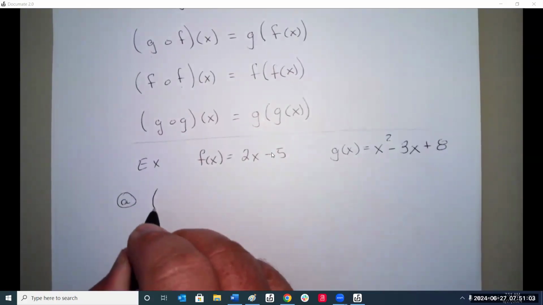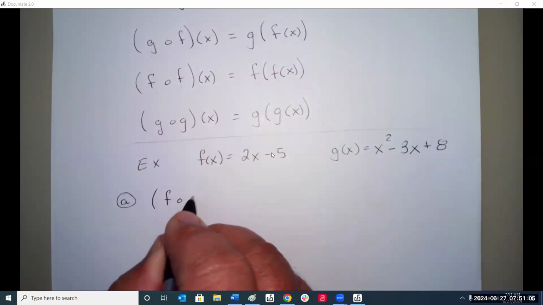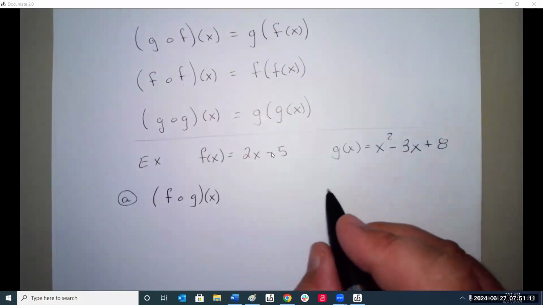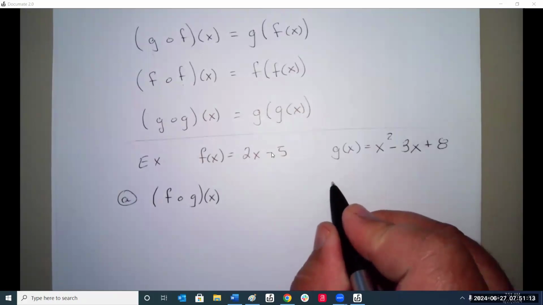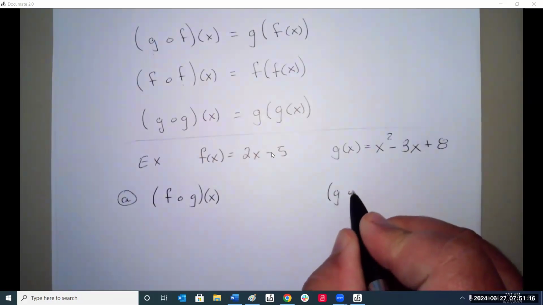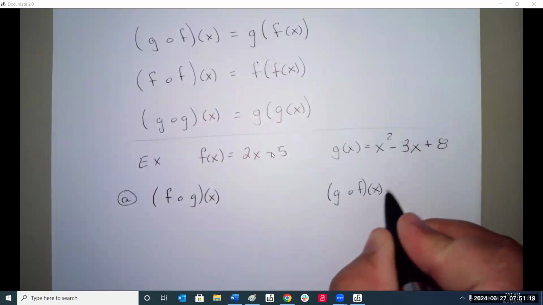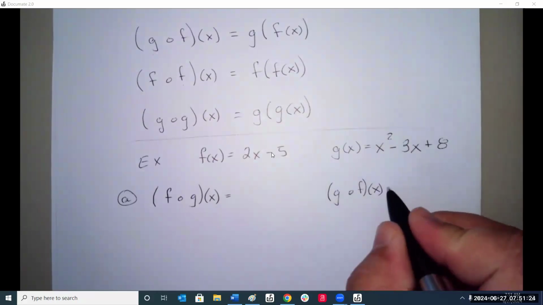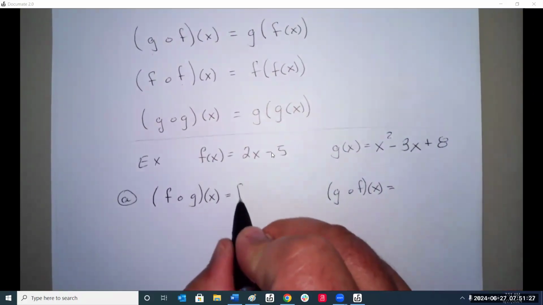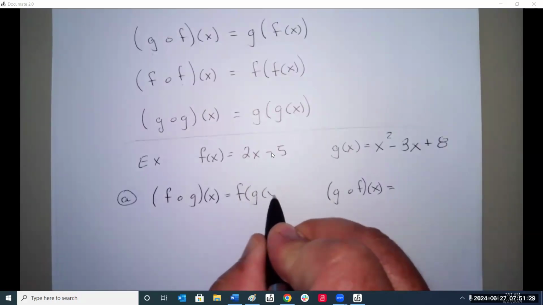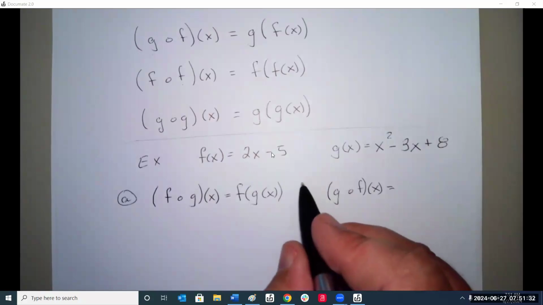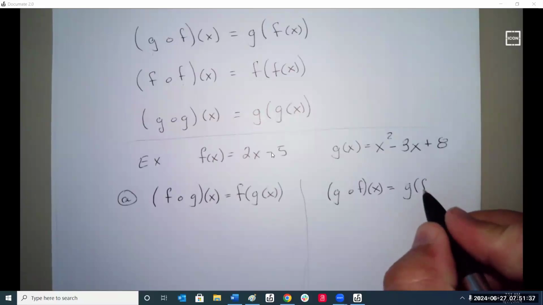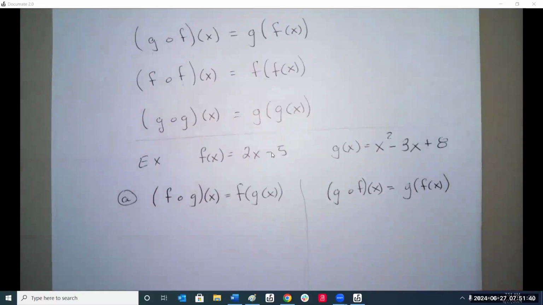First one says, let's find f of g of x. And then part 2 of that one is find g of f of x. So this one is f of g of x. And this one is g of f of x.